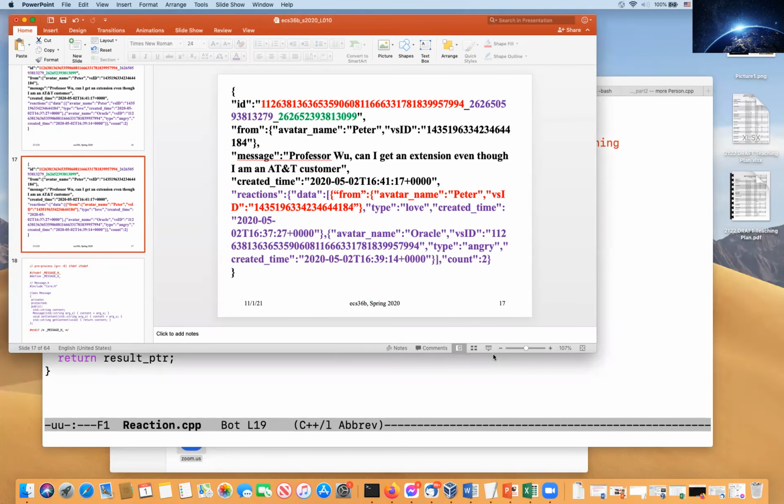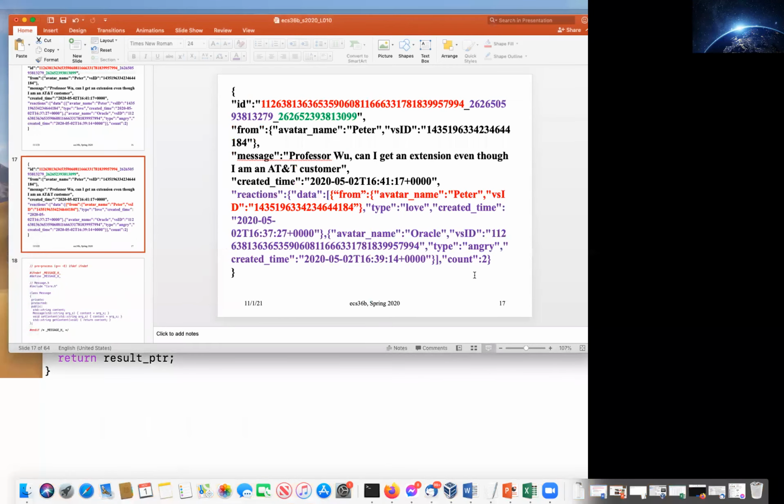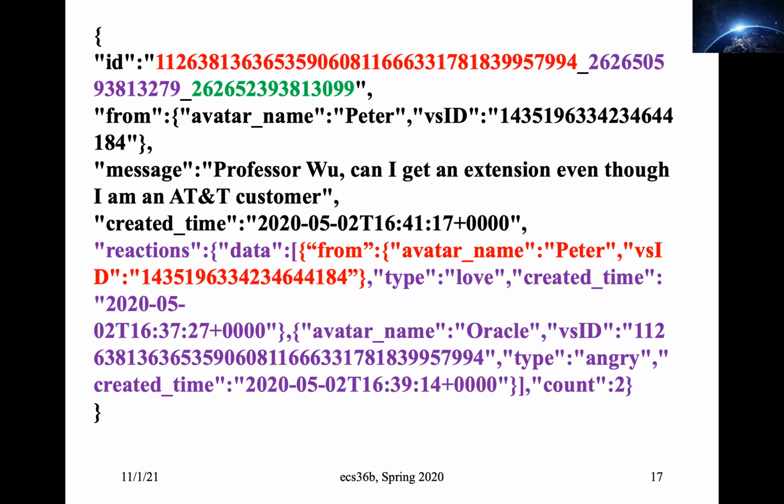So now if you look at this, hopefully you have some feeling about what we're doing. Hold on. So now in the middle, we talk about reaction. So what is a reaction?